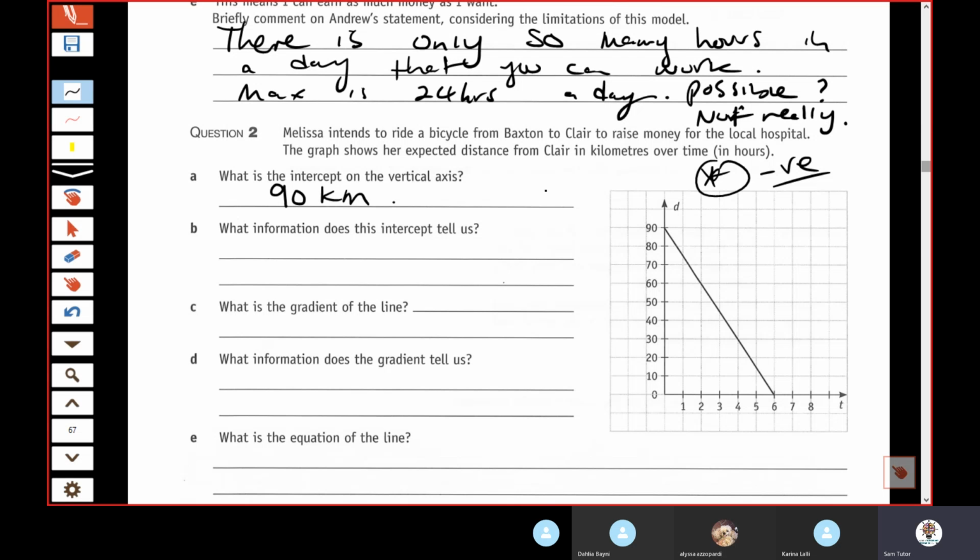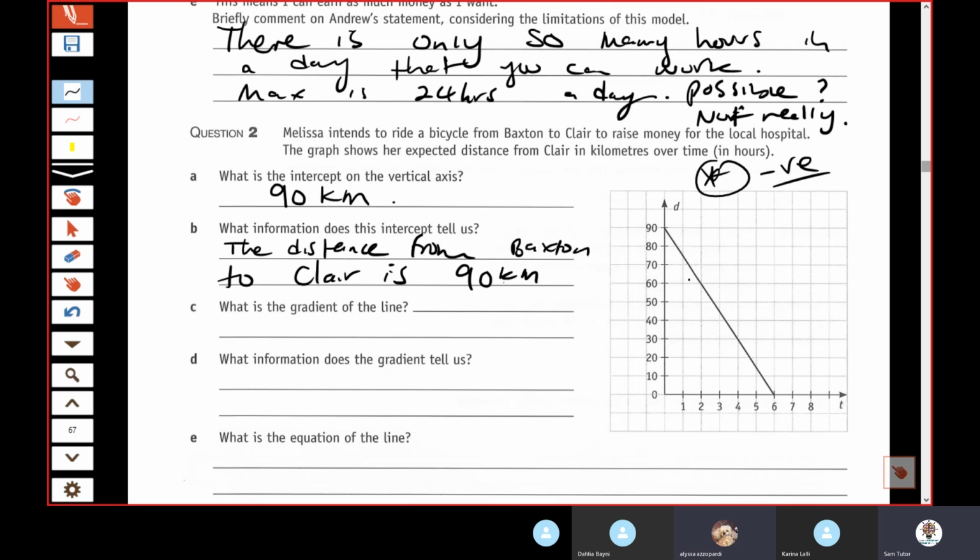This context is about a bicycle, Melissa riding from Baxton to Clare. So what information does this tell us? That the distance from Baxton to Clare is 90 kilometers, right?